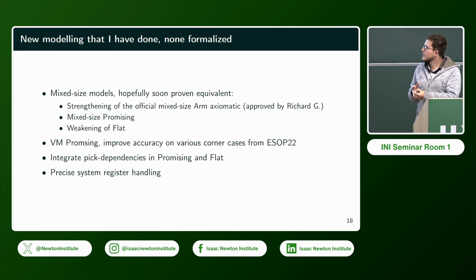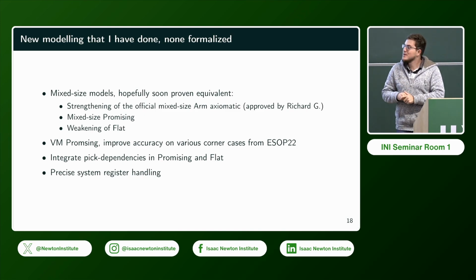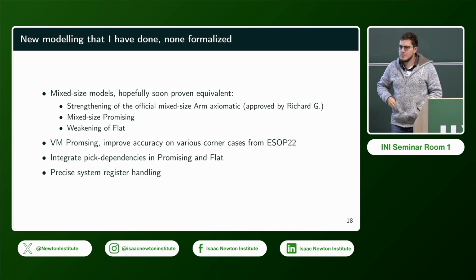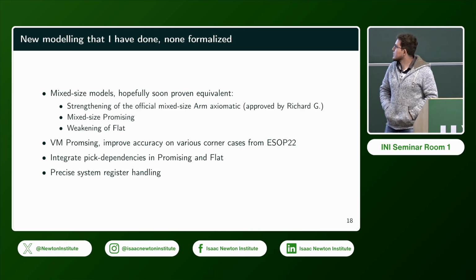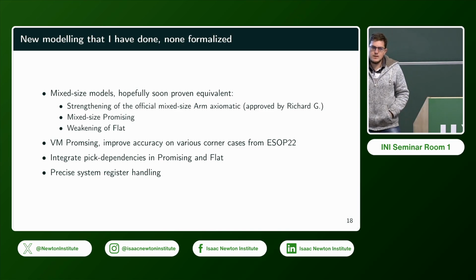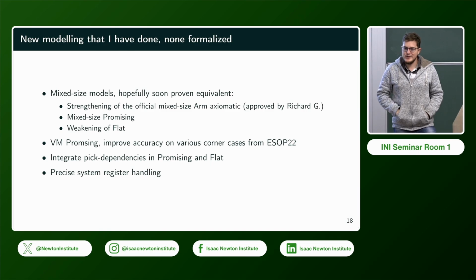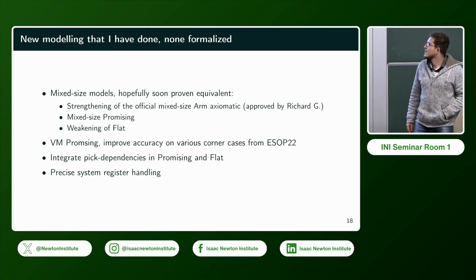That was helpful to think about both and hopefully sits correctly in between and will be joined. Then I have this virtual memory promising model that improves on various things from ESOP22, mostly things that pop up when you try to operationalize an axiomatic model and you realize, oh, this is way too weak, why? And you realize it shouldn't have been that weak.